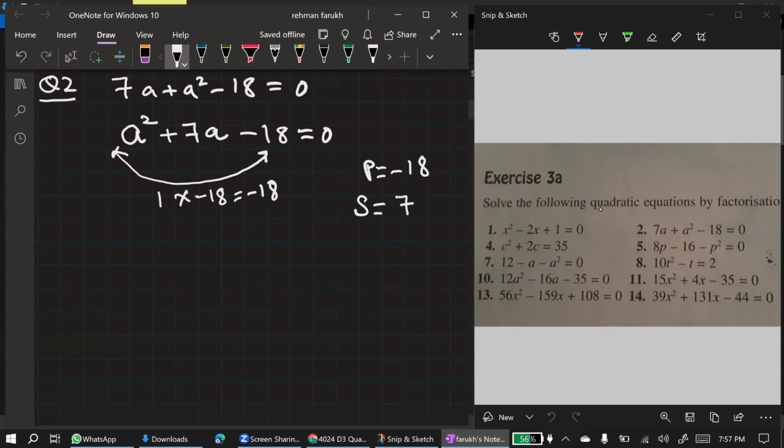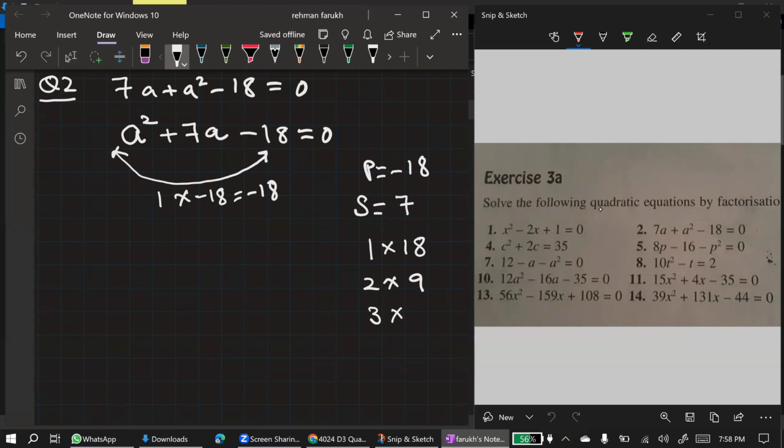Now we will factorize the product 18. We will split 18 into two factors such that the sum is 7. 1 into 18 is one possibility, 2 into 9 is the second possibility, 3 into 6. 2 into 9.